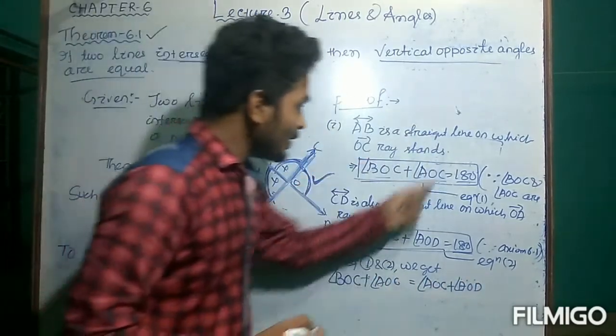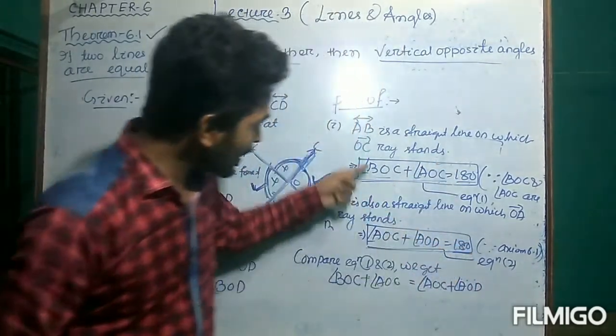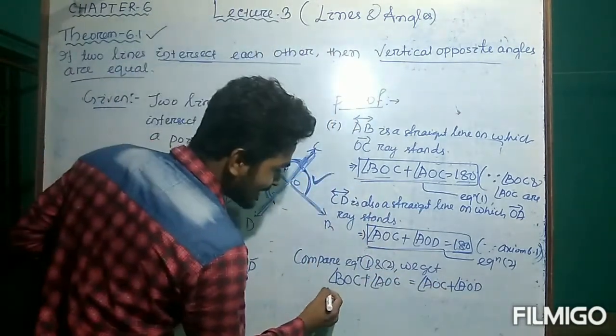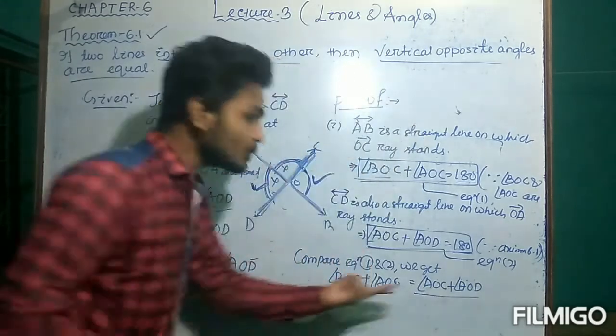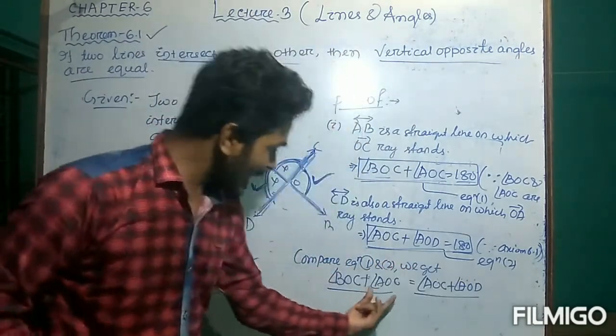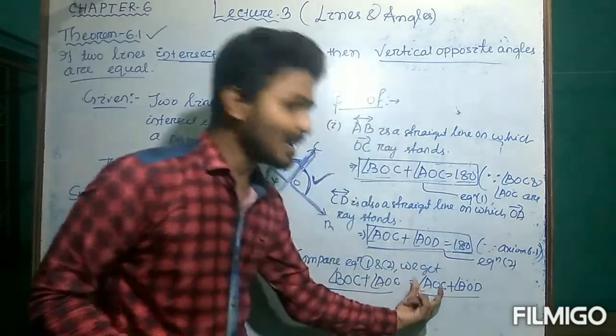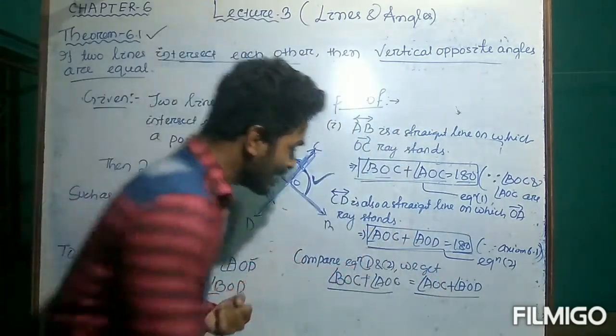Understood? So if the RHS of two equations are equal, then their LHS must be equal. Now you can see this also has two sides, LHS and RHS. And in LHS there is an angle AOC, and in RHS there is also another angle AOC. Now what will we do next?